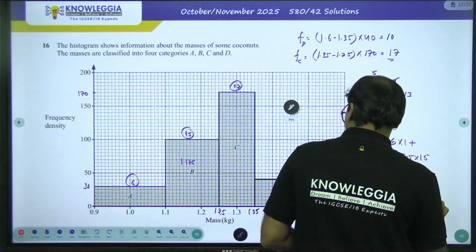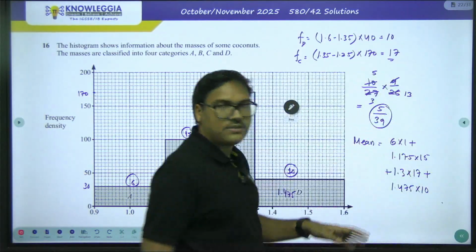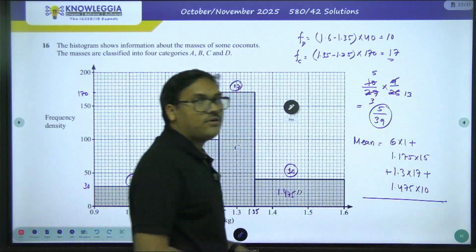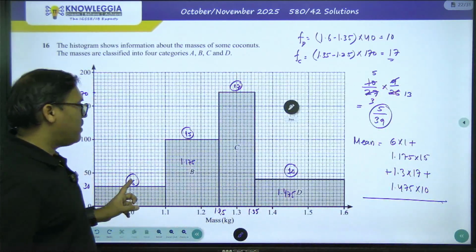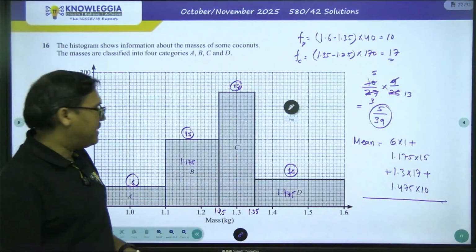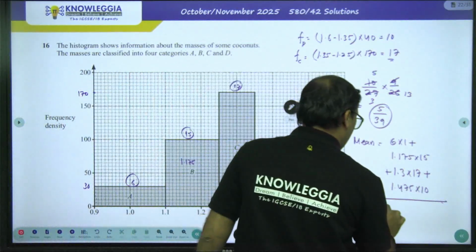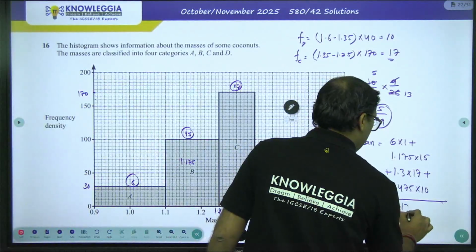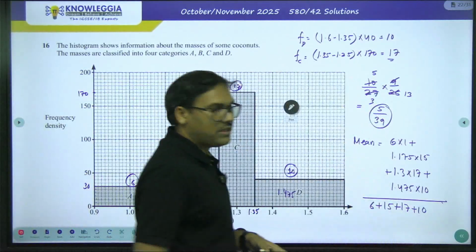So this is 1.475 multiplied with 10. This is the sum of all this, and the whole is divided by the total frequency sum. So what is the sum of all the frequencies that we will add? That is 6 plus 15 plus 17 plus 10. So this is how you count this.